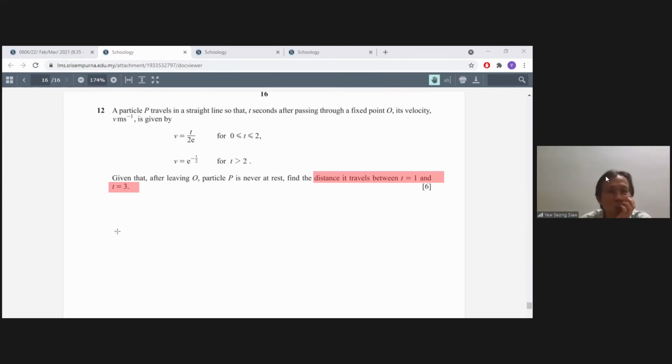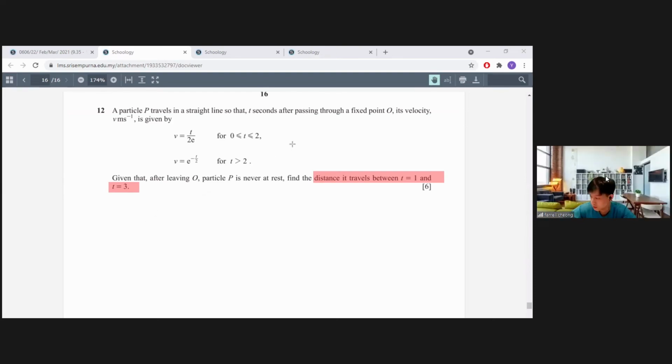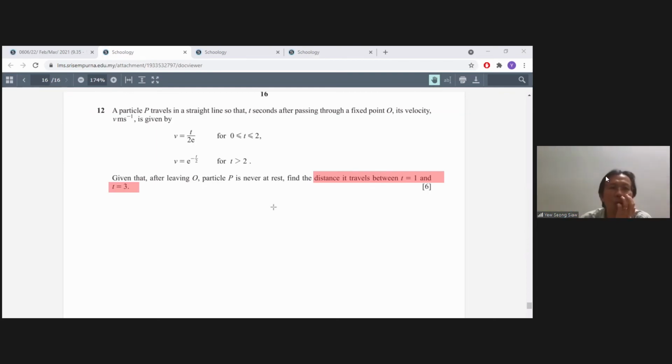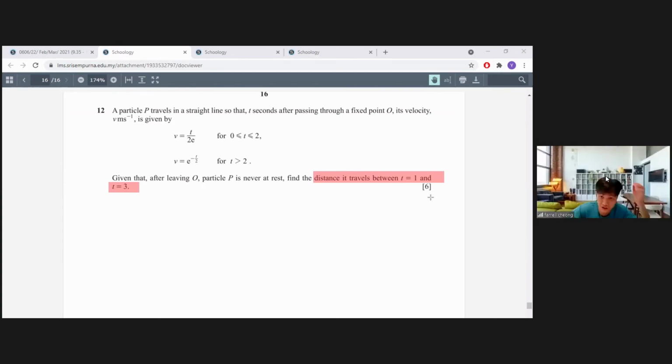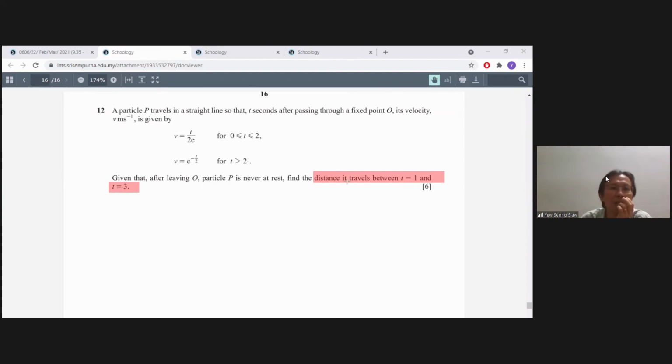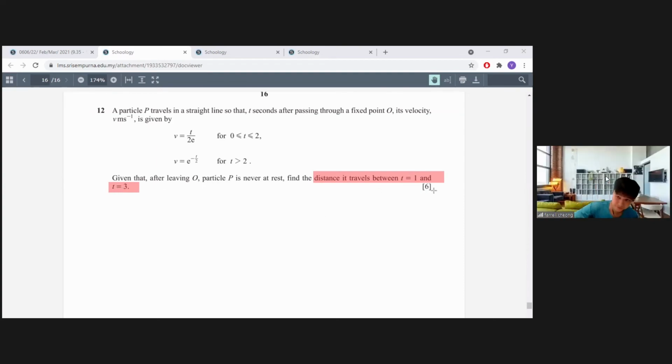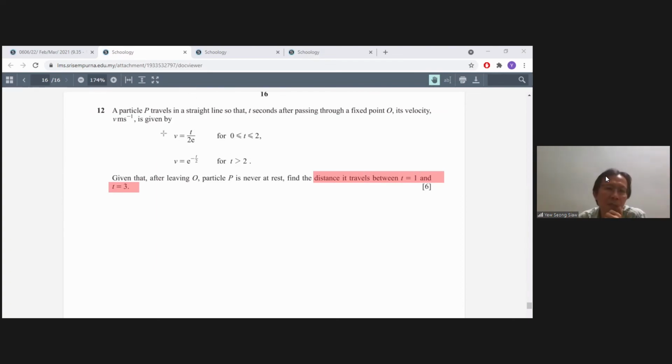Why 2? Why did you choose the 2? Because they say 0 to 2. Oh, they say 1 to 3. Sub in 1. So when you sub in 1, you find the position of the particle when time equals 1.